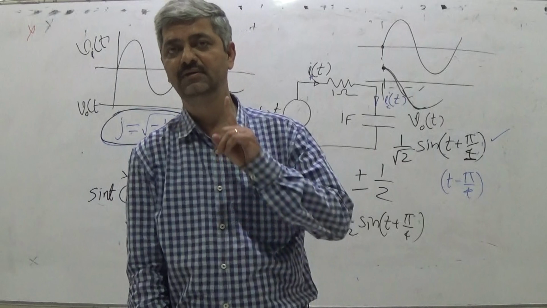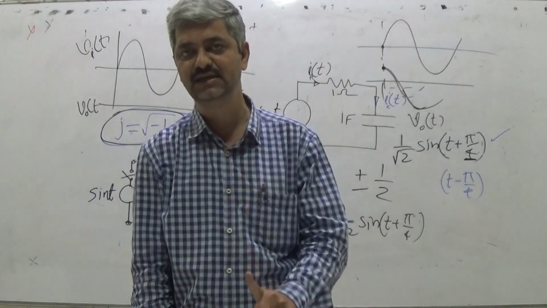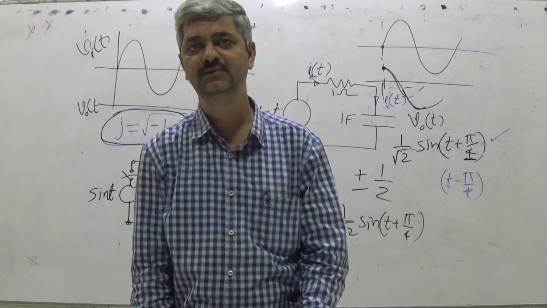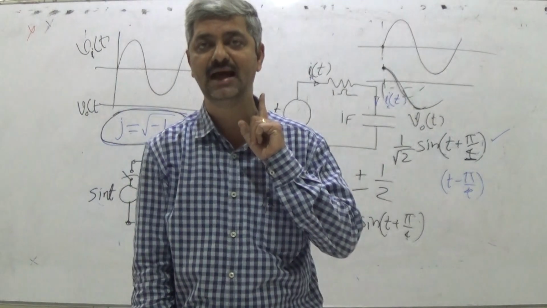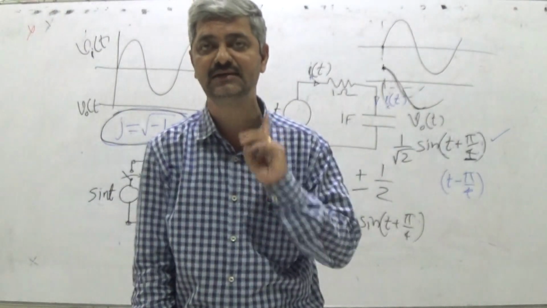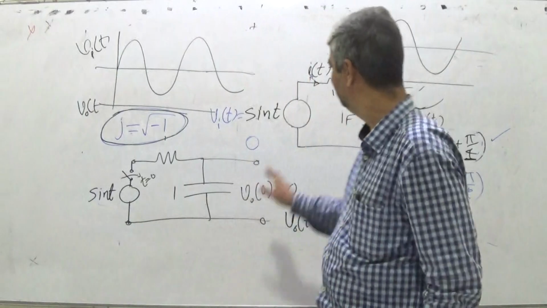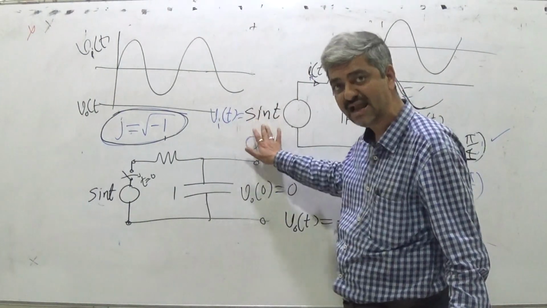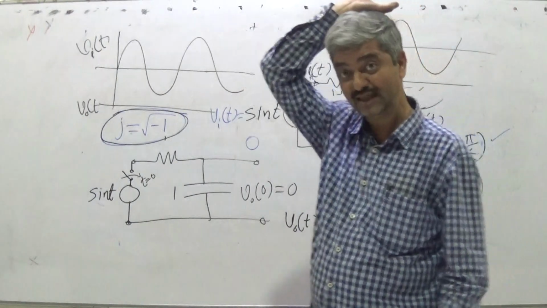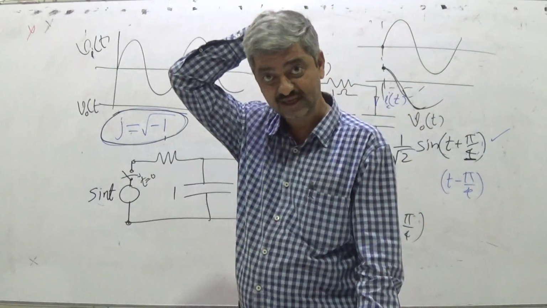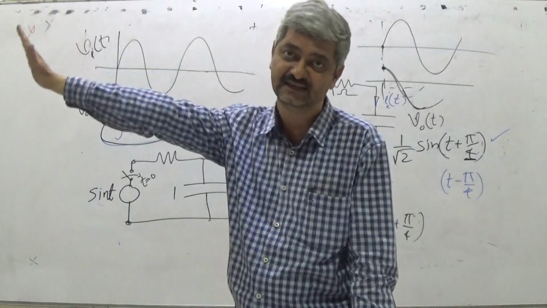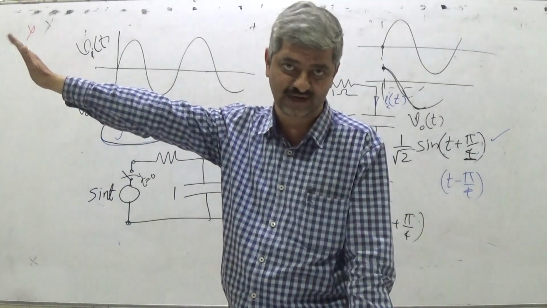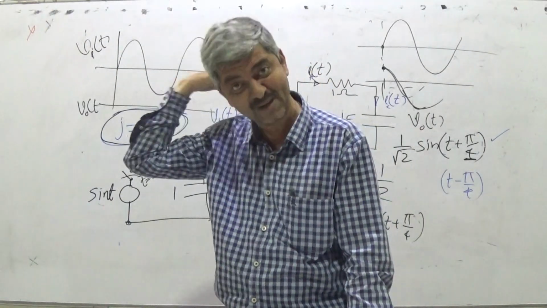So the answer I find when I apply the input unconditionally, that is, when I say that V in t is sin t, it means that it is valid for all t, right from t equal to minus infinity.